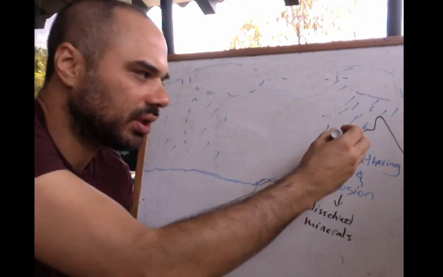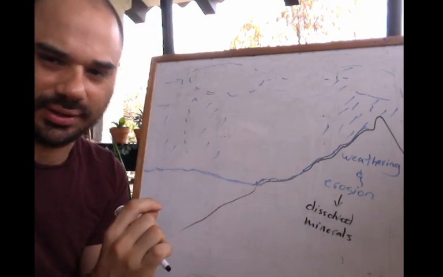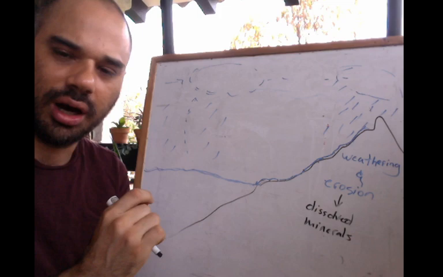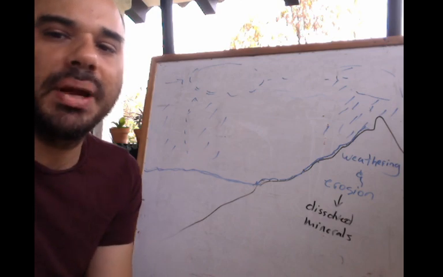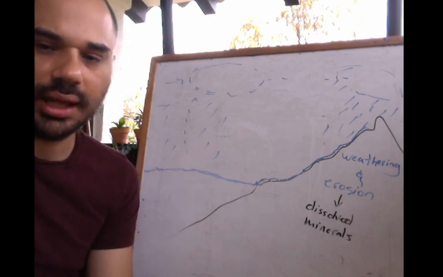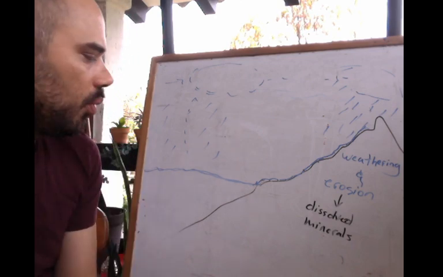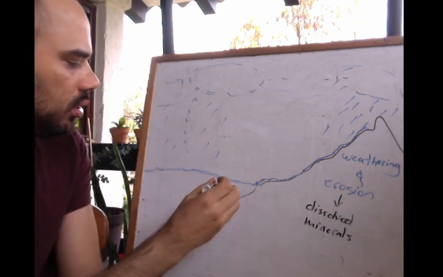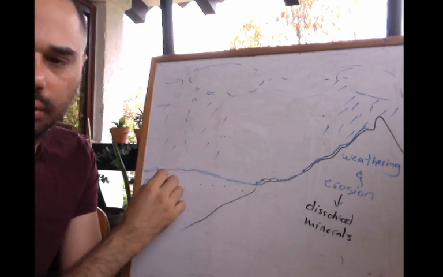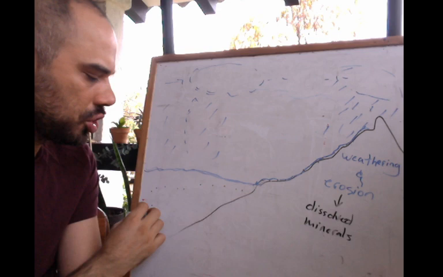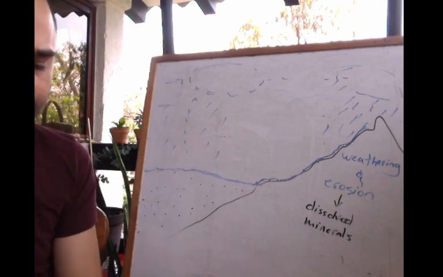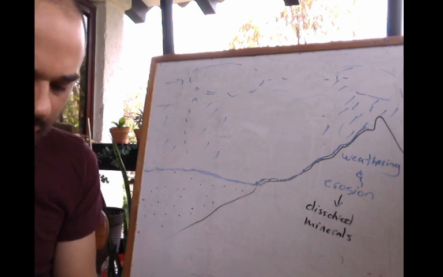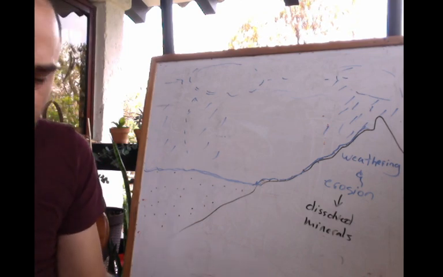But if you multiply the little bit of dissolved minerals that rivers bring to the ocean times the billions of years that this has been happening, then we have salt water oceans and seas. Okay, that is the reason why ocean water is salty.